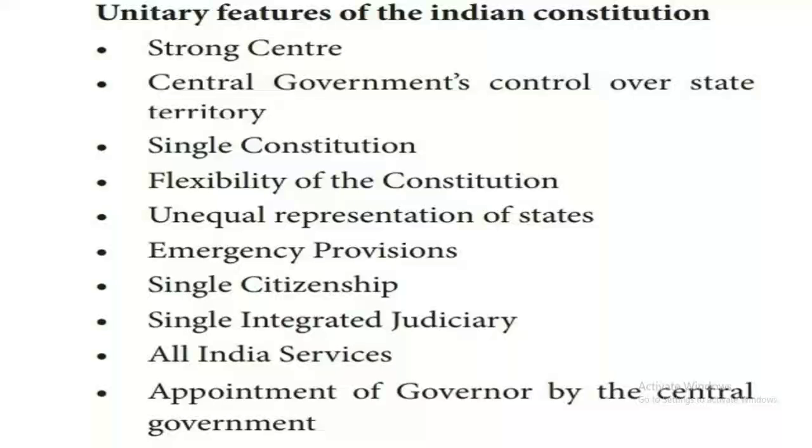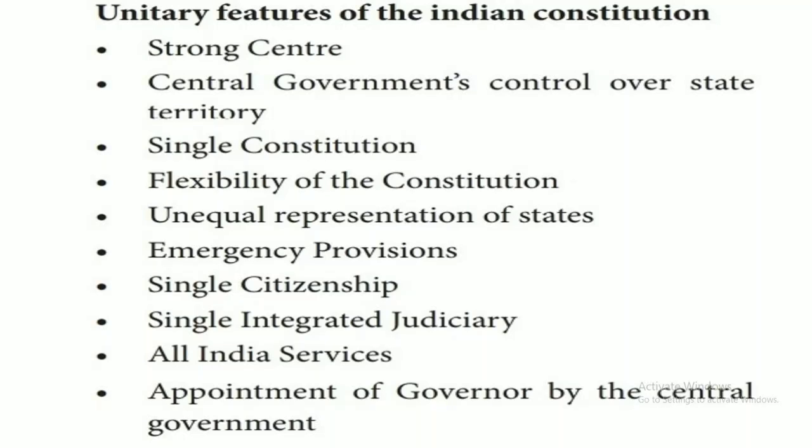The unitary features of the Indian Constitution. How are the features there in the Indian Constitution? It's very strong, with the central government's control over state territory. So there will be a single constitution, flexible, with unequal representation of states. The states decide their own representatives. Emergency provisions will be provided.